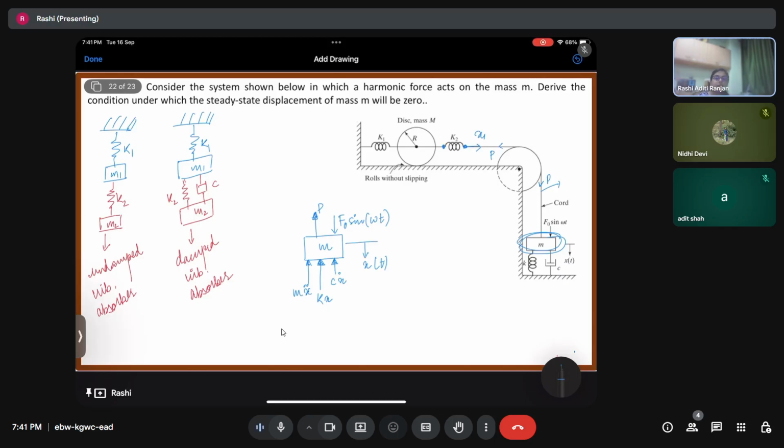See, the disk is rotating without slipping. So if it has made some rotation, it has covered some distance. Let us say, this is the disk earlier. This is the disk now.